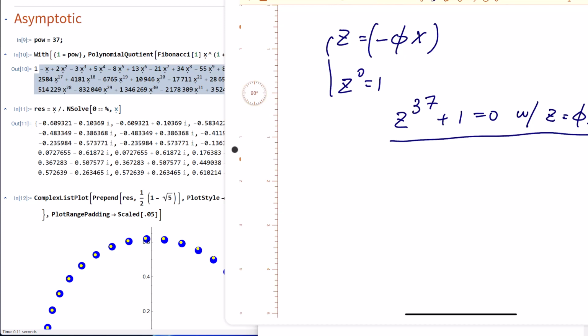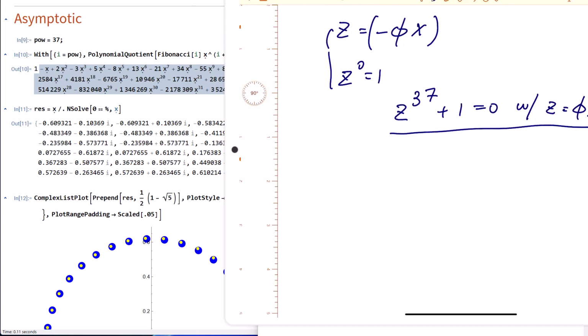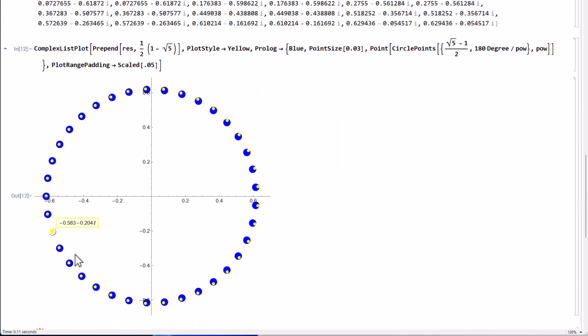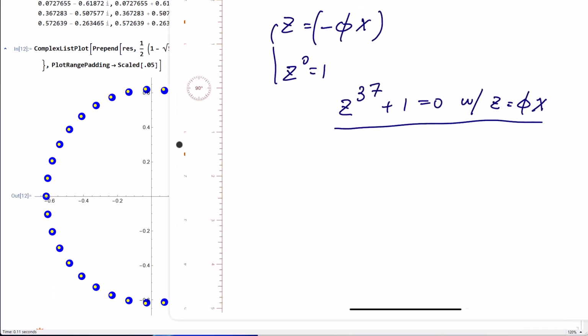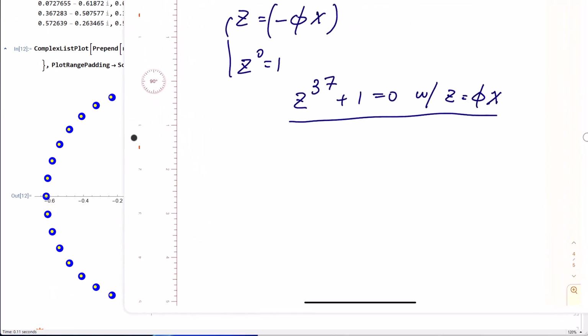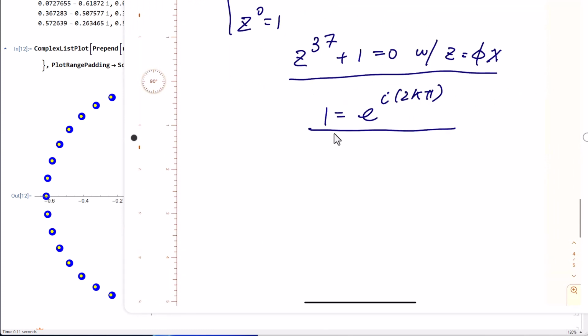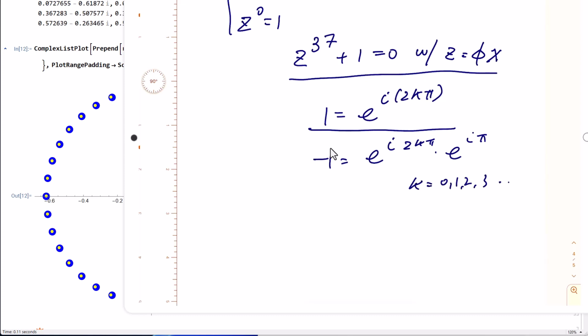So this thing will give you exact solutions for all the points on the regular polygon. These are the blue points, and we can find them easily just by using Euler's formula. E to the k pi i, minus 1, is e to the i k pi times e to the i pi, for k an integer, k equal to 0, 1, 2, 3, 4, 5, and so on.